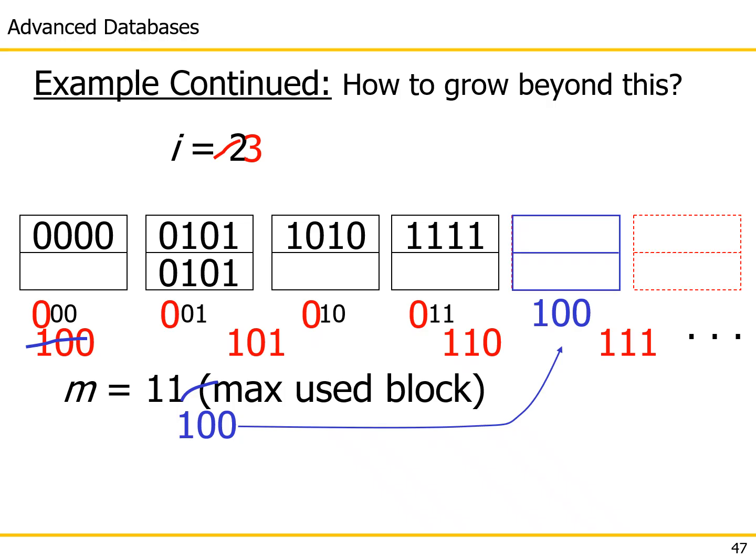So it's going to be 4 minus 2 to the I minus 1. I is 3, minus 1 is 2. So 4 minus 2 to the 2, so 4 minus 4 is 0. So you go to page 0 and find any entries that end with 100.